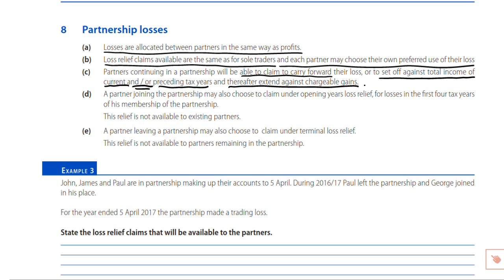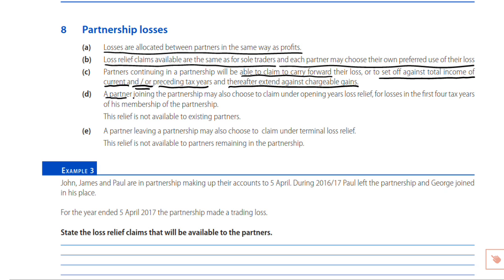But the partner joining or the partner leaving, remember, is viewed to be a new business startup for that individual or an old business cessation. And in opening and in closing years, we have those specialist loss reliefs.